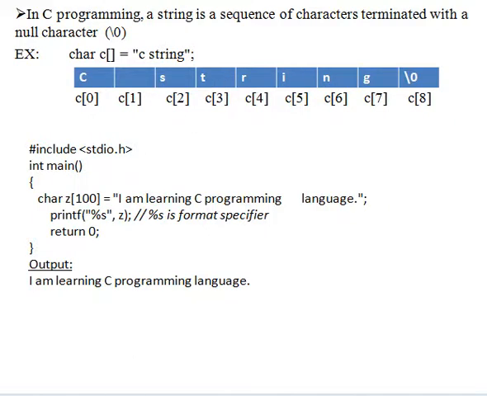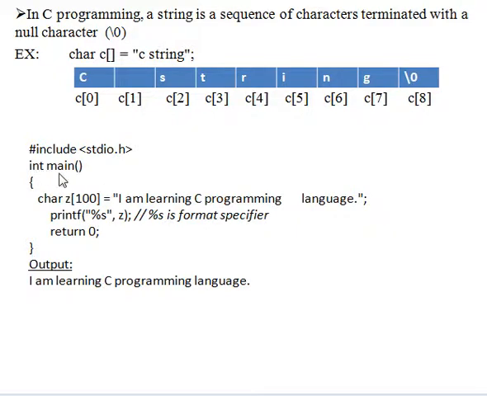Next, we have 3 different ways to read strings. We will explain them one by one. The first one is the static method. #include <stdio.h>, the header file, because we are using the printf function.